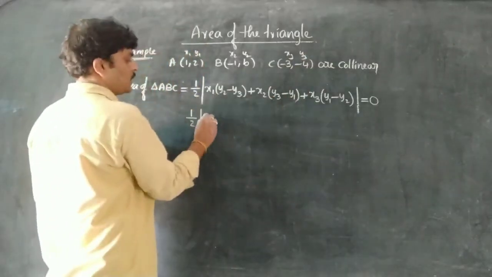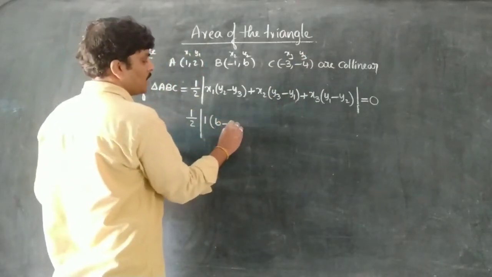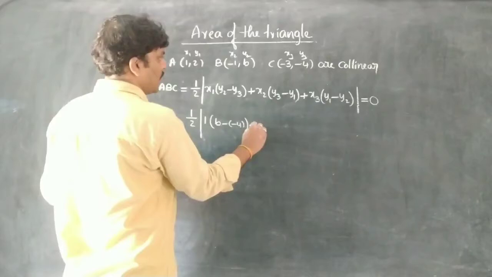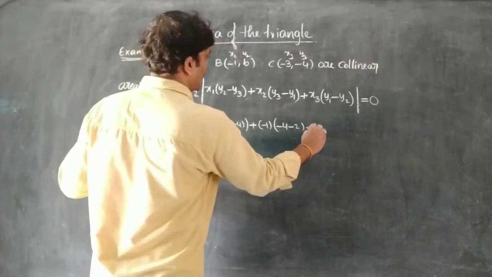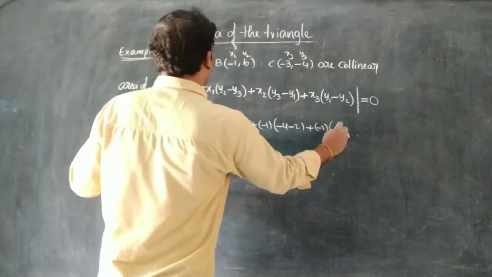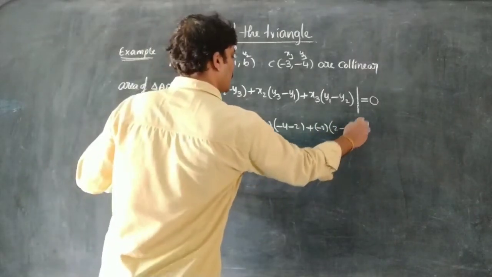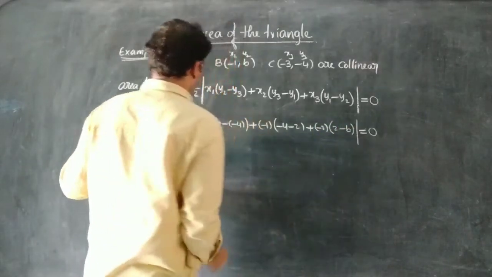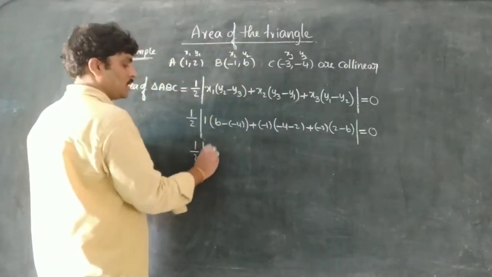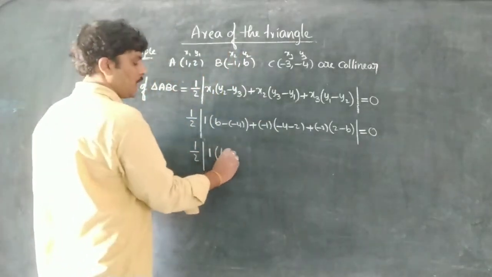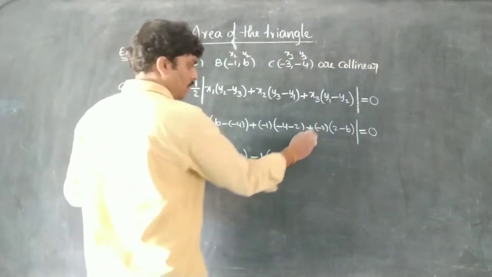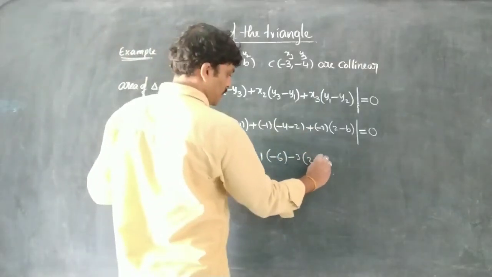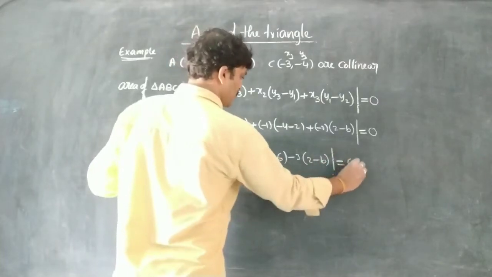Now x1 is 1, b minus (minus 4). x2 is minus 1, minus 4 minus 2. x3 is minus 3, 2 minus b, is equal to 0. Now modulus, b minus into minus plus, minus 6 minus 3, 2 minus b is equal to 0.